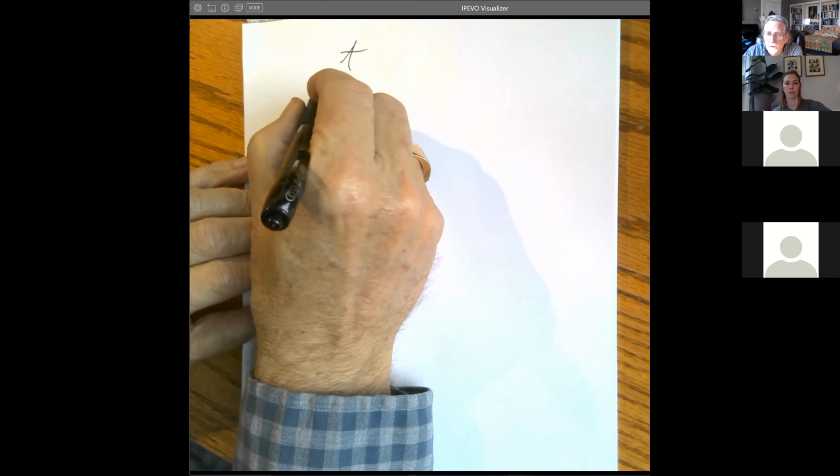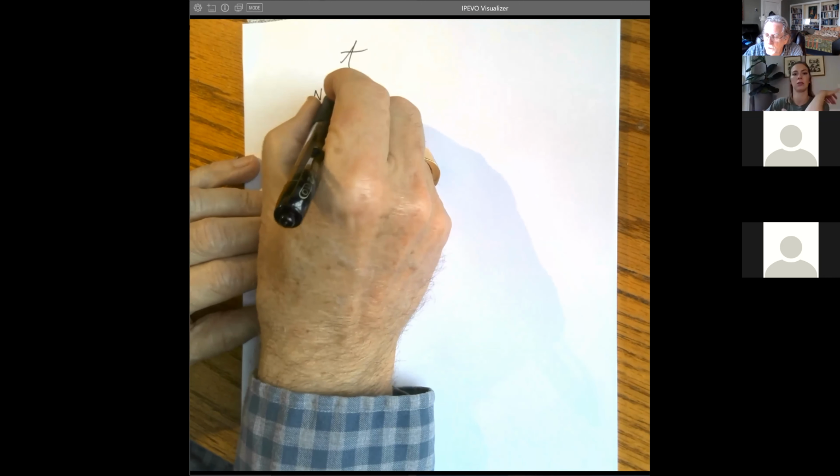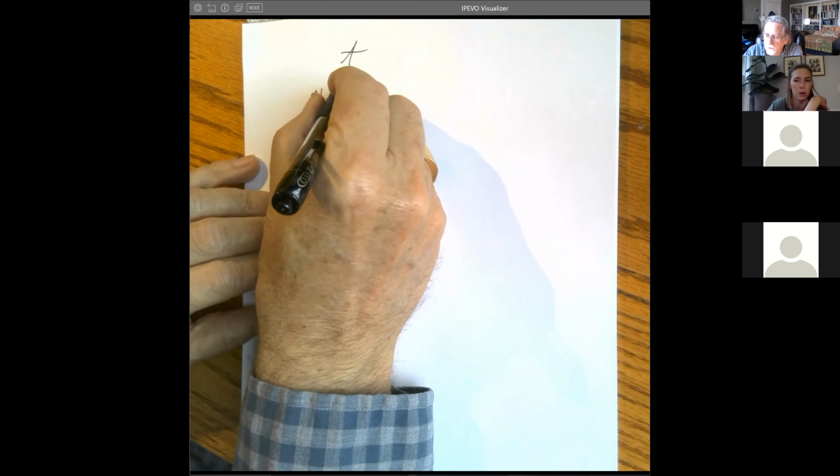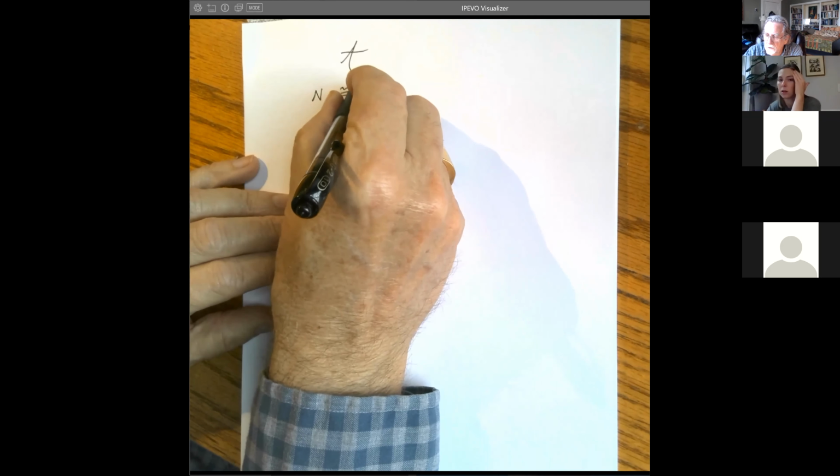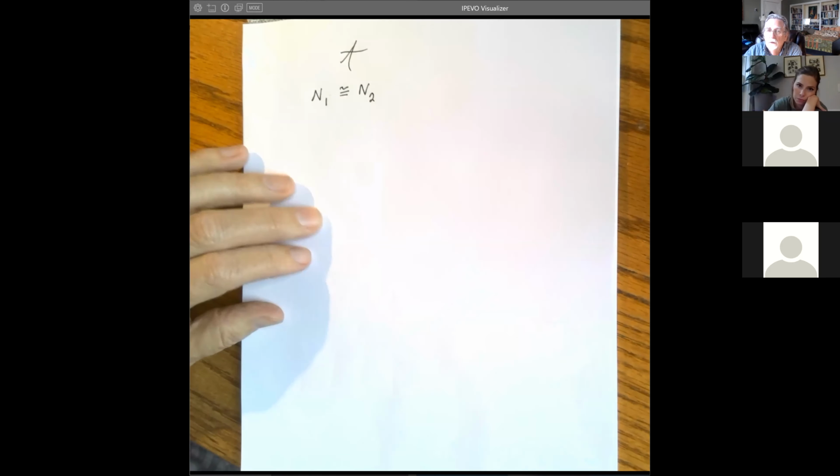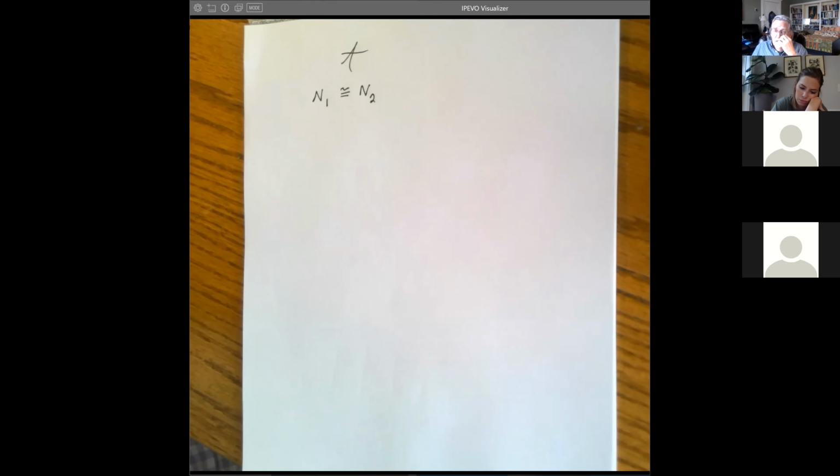Let's say you have 2 groups. The n of group 1 should be relatively equal to the n of group 2. So, if one's 18 and the other is 20, or if one is, say, 25 and the other one's 30 or something like that, you're okay.